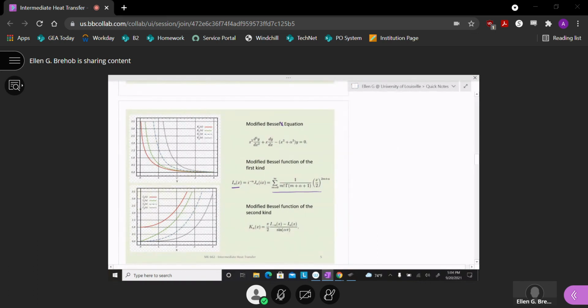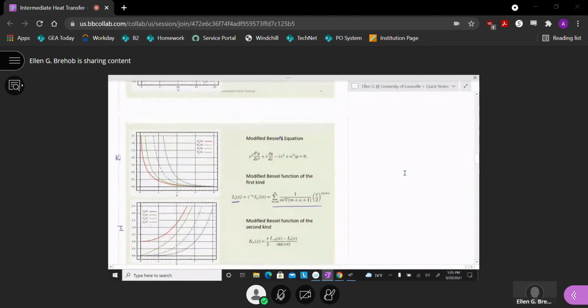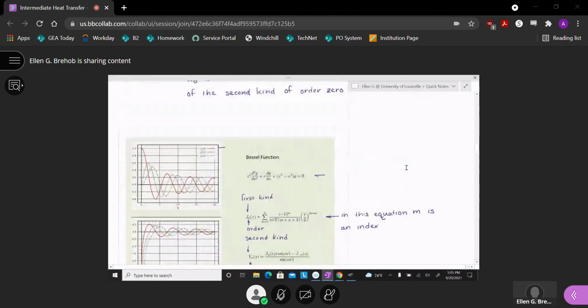So this was our modified Bessel, so this is our I here, and K here, and it has a significantly different trend as opposed to the Bessel function. Okay, so I don't think I want to say anything more about these. You've seen a little bit. You know that there's some math behind them. We'll talk about how you can evaluate them, rather than having to go through these infinite series, in just a minute.